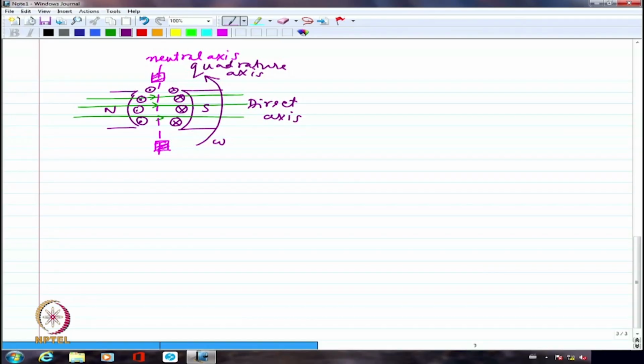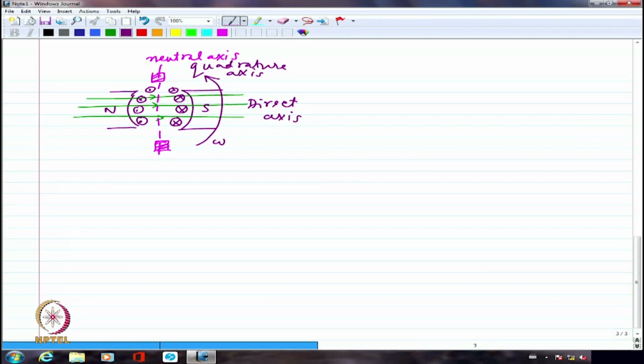When I have actually connected a load and I am drawing more and more current by reducing the resistance, I'm going to have higher and higher current. When higher and higher currents are coming, these armature conductors will also create a flux. After all, they are also placed in a ferromagnetic core. So they are not going to keep quiet. They will definitely produce a flux.